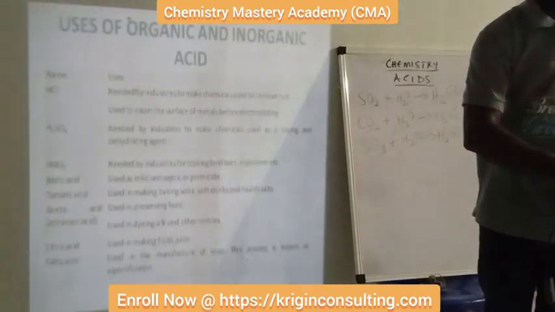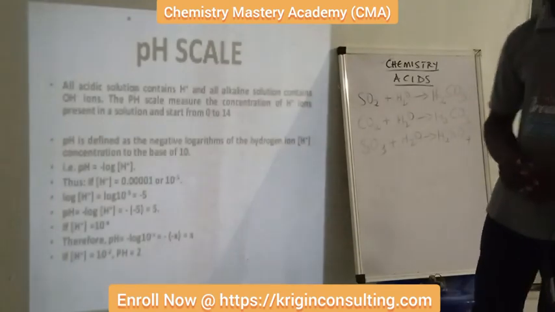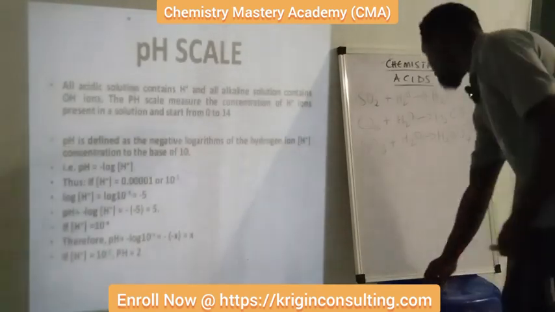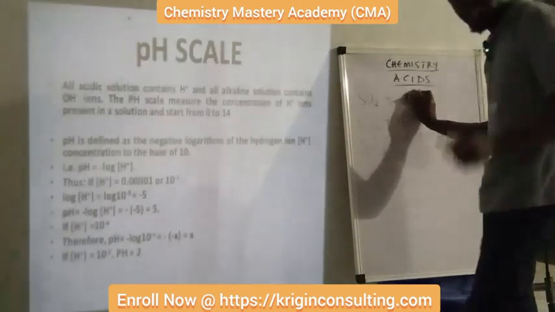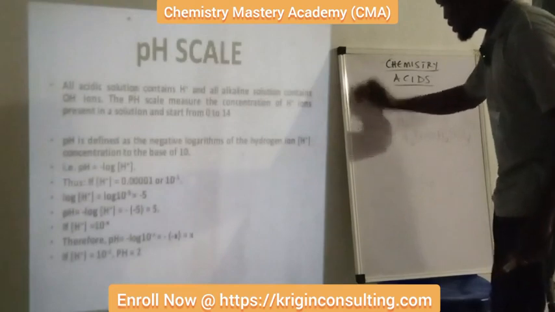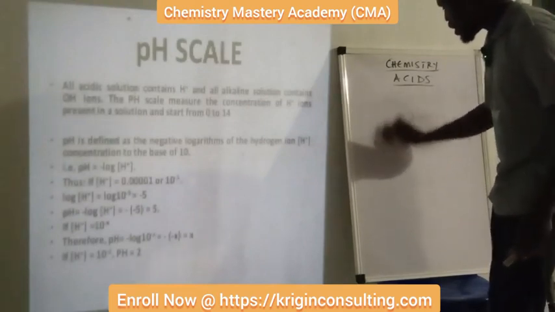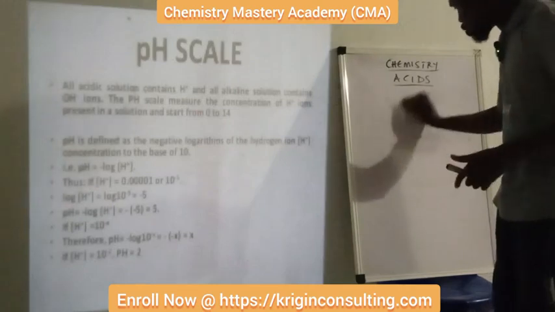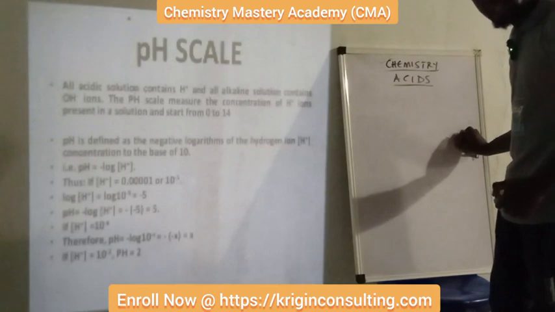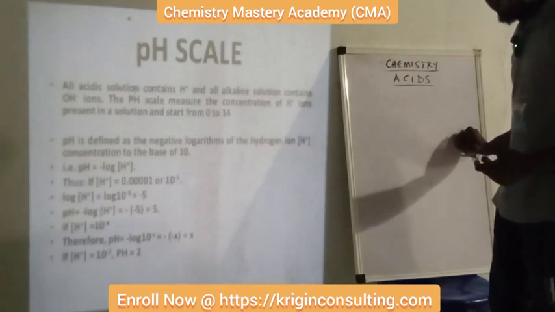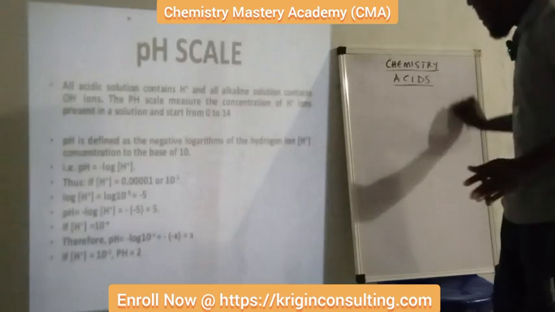Okay? Now we have what we call pH scale. pH scale. What is pH scale? pH scale basically has to do with a way of measuring whether a substance is acidic, whether a substance is alkaline, or whether a substance is none of them.